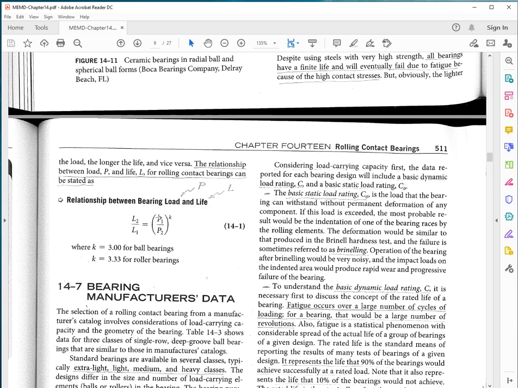The relationship between the two loads and two lives would follow this equation, with this exponent being either 3 for ball bearings, or 3.33 for roller bearings. Okay.